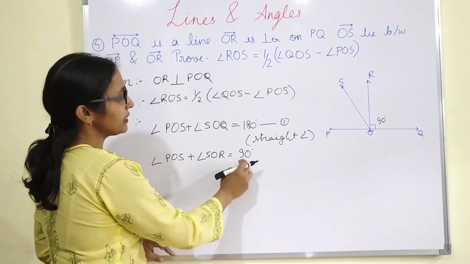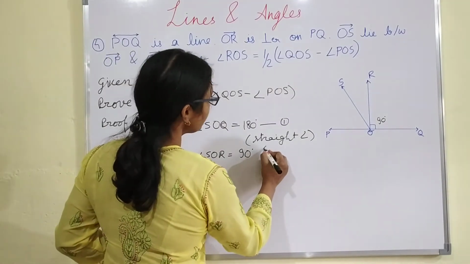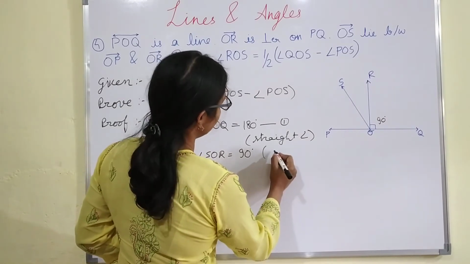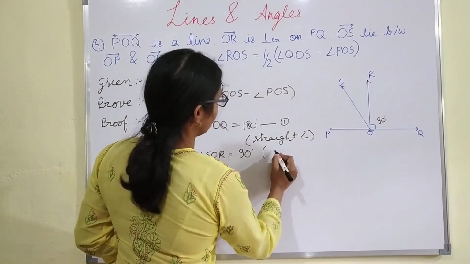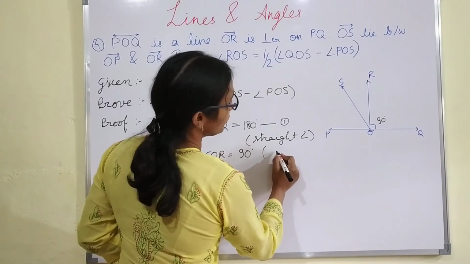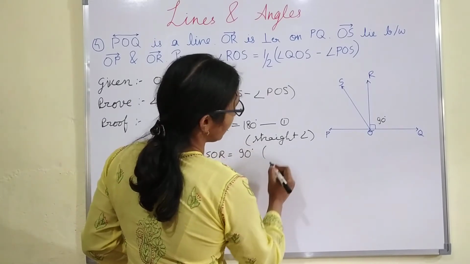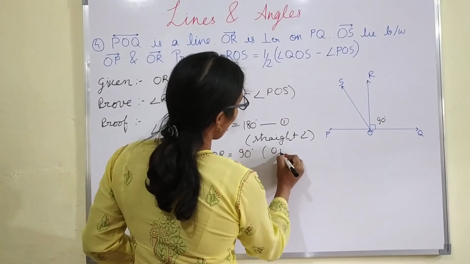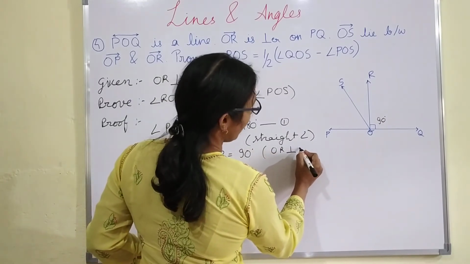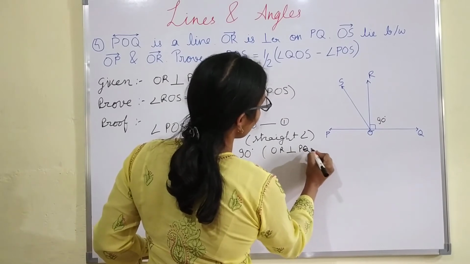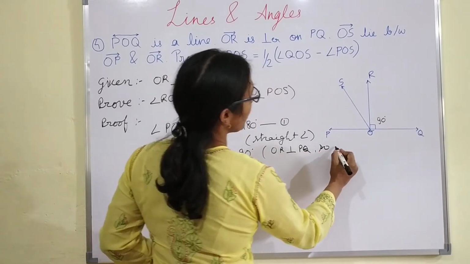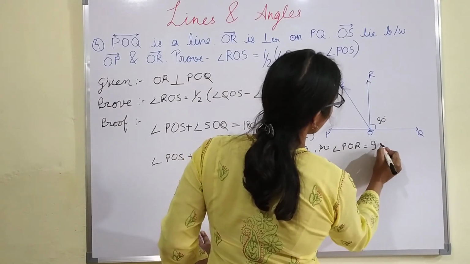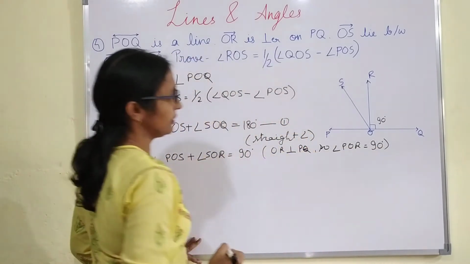POS plus SOR equals 90 degrees. So you will write here complementary angle, otherwise you write OR is perpendicular on PQ, so angle POR equals 90 degrees.